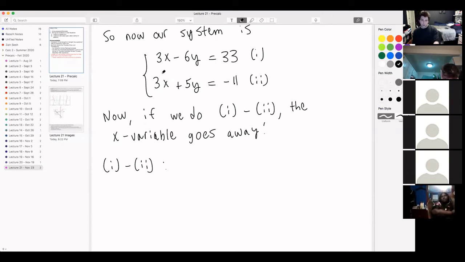Good, that was the whole point. Now I have negative 6y minus 5y, which is negative 11y. And 33 minus negative 11 is 33 plus 11, which is 44. So we have negative 11y equals 44.